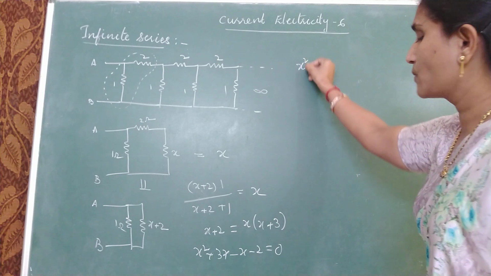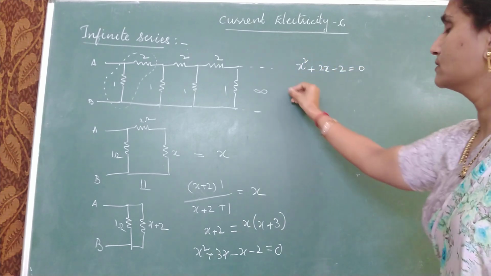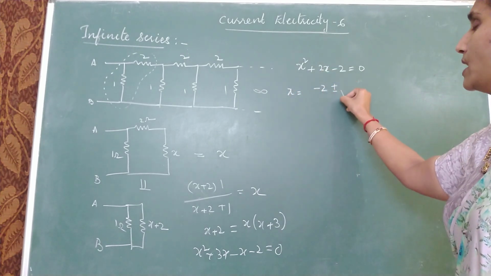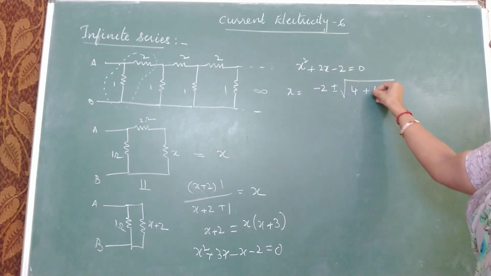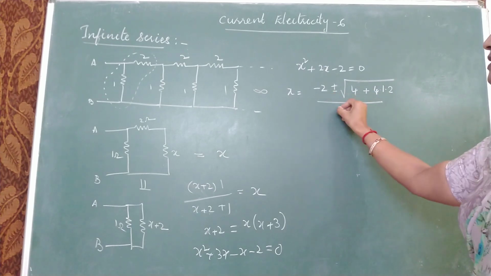We have got X square plus 2X minus 2 as 0. X should be minus B plus or minus under root B square minus 4AC, by 2A. C is negative, so I made it plus.